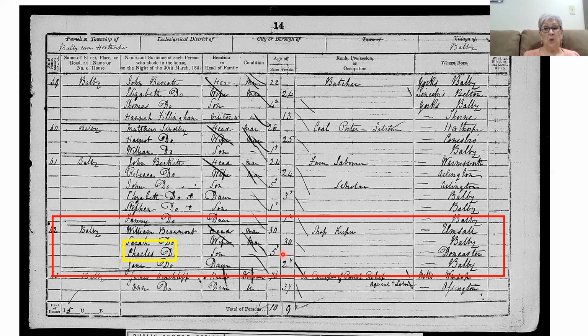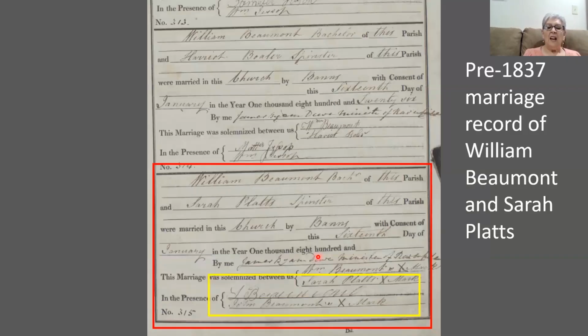So he would have been born in 1846. So that was interesting. It looks like he was born probably out of wedlock. We'll come back to Charles in just a minute, so just keep him in mind.